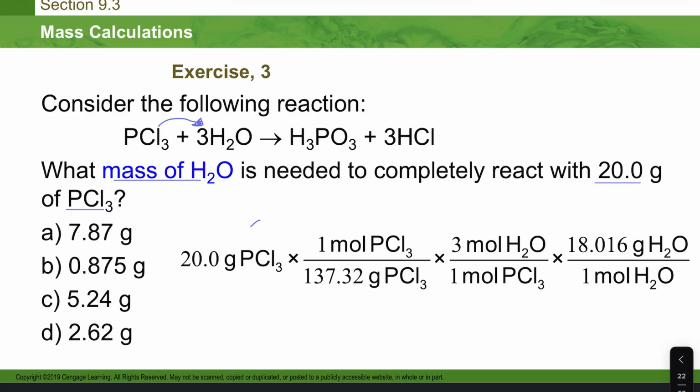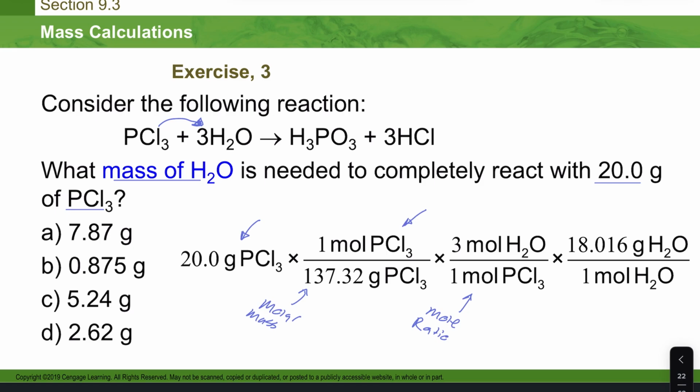We'll start with the amount of PCl3 that we have. We'll use the molar mass again to convert to moles, and then the mole ratio. I called it an equation ratio before, but that's just because I got this ratio from the equation.